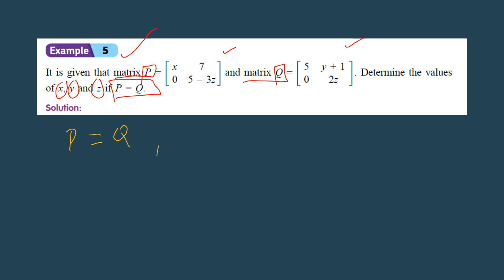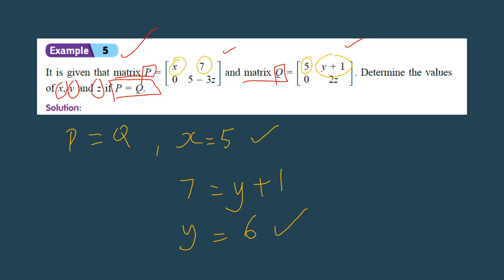X must be equal to 5. So you have answered what your X is. Okay, 7 must be equal to Y plus 1. So your Y is actually 7 minus 1, 6. Y is actually 6.